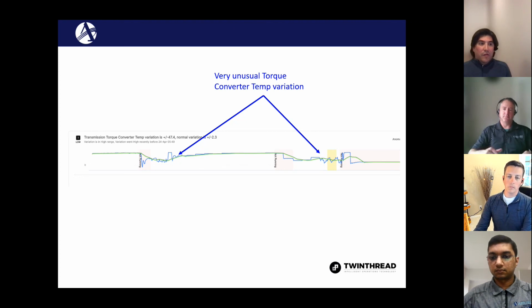The system is learning what ideal looks like and what it should be, and then going forward, applying anomaly detection to flag variation that would deviate us from the ideal condition.